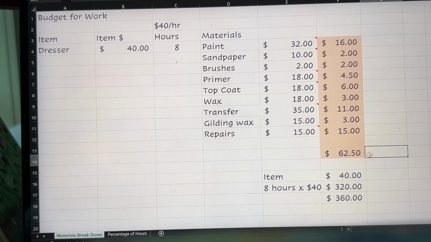Now, if I want to see what this $62.50 is, how could I figure out what the percentage is of the cost of the item and the number of hours, which is $360?